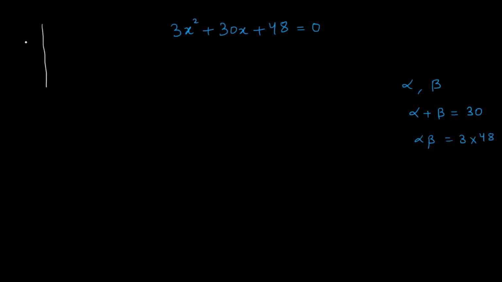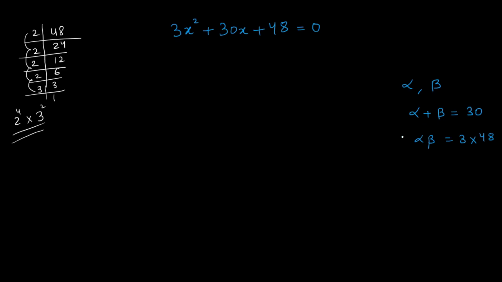So let's write the factors. 48 is 2 times 24, 24 is 2 times 12, 12 is 2 times 6, and 6 is 2 times 3. So we have the factors as 2 into 2 into 2 into 2 into 3. And we have 3 as well. So there are a total of 2 to the power of 4 into 3 square. This should be alpha into beta. And the sum should be 30.